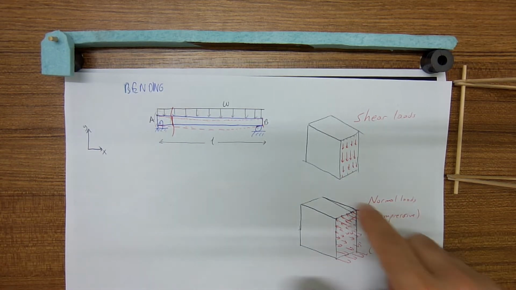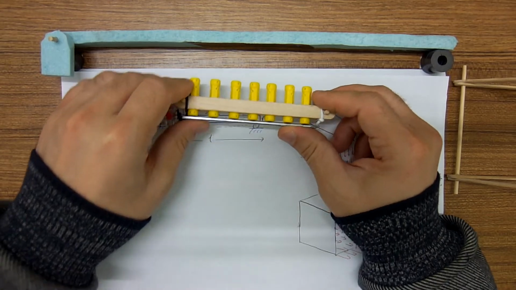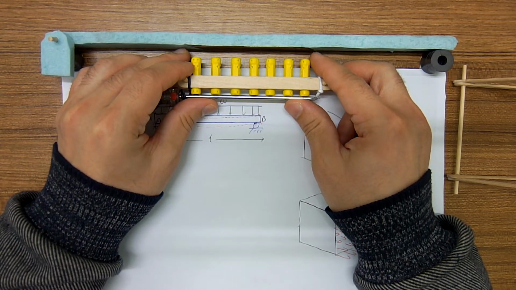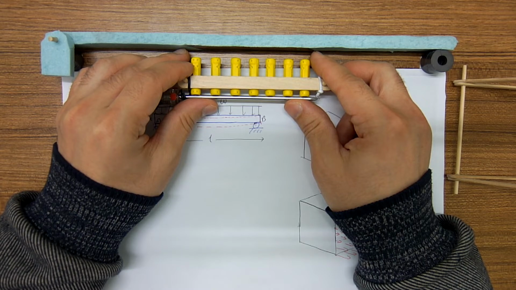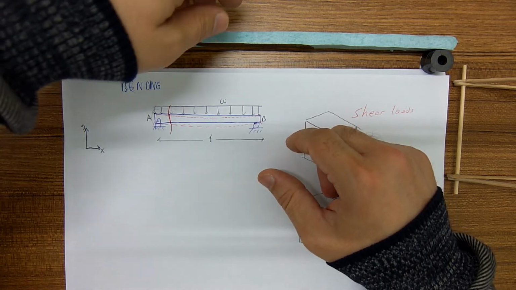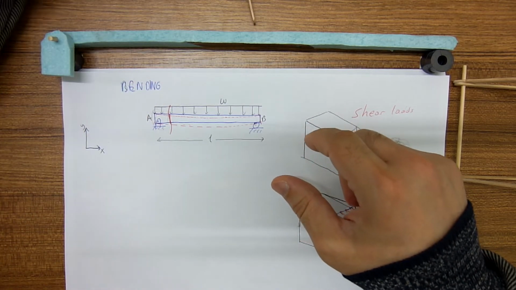How do we know that there is compression at the top and there is tension at the bottom? Due to the sagging like this, if we exaggerate it, we can show it by a point load.